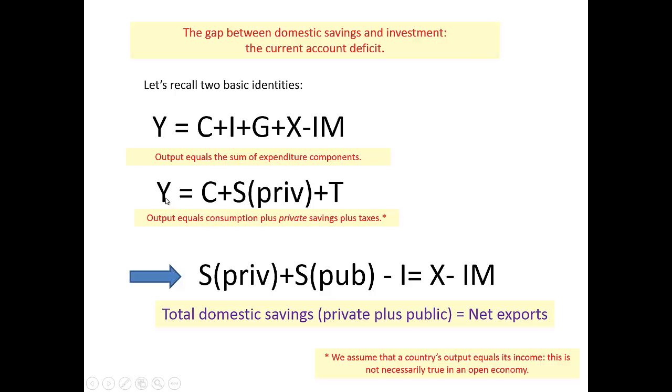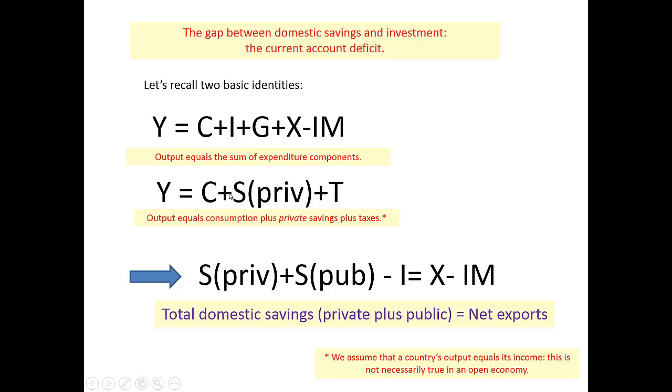Instead, the country's income or output we'll think of as being spent on consumption plus private savings plus taxes. If we do one more thing, and define public savings as taxes minus government expenditures, we often call this the government budget surplus.